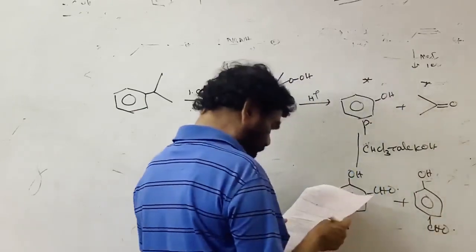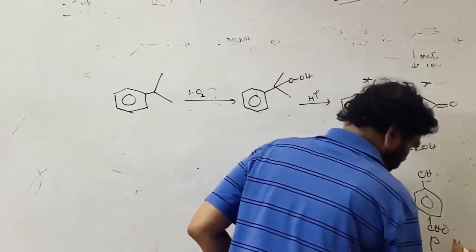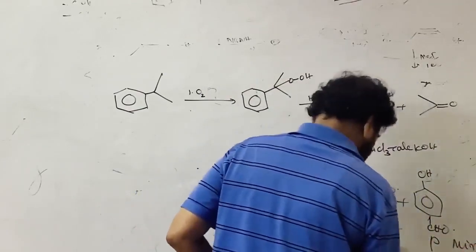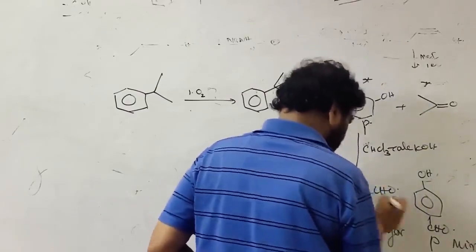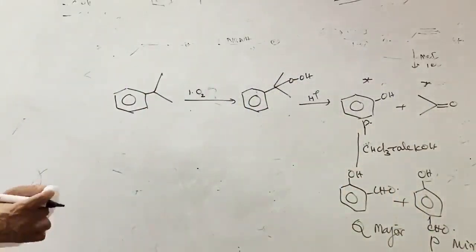This one is called Q, the major product. This is the minor product. This is the major. Why is the ortho product major? Due to intramolecular hydrogen bonding, the ortho product is major.